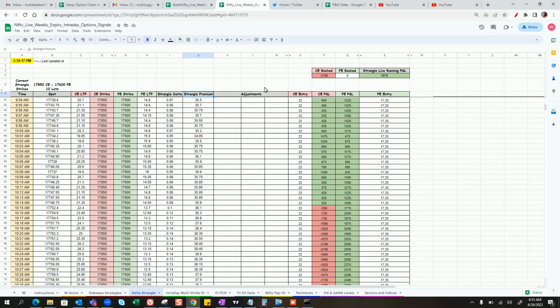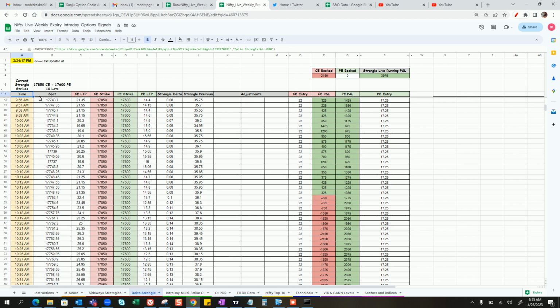I've kept it very conservative, designed in a very conservative way, in good spirit, so that the members who are using it do not lose money. If they don't lose money, then ultimately the natural theta decay will kick in and they will make money. The idea is to not lose money and not lose our capital.